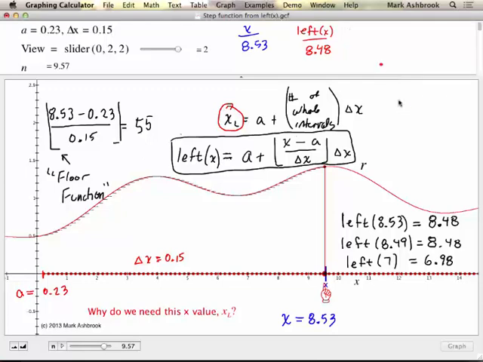And now if we want the rate, what's the rate at x equals... This is the new function we're going to call step. Step is going to be our approximate rate function. It's going to take the current value of x and give the pretend rate. So what is step at 8.53?